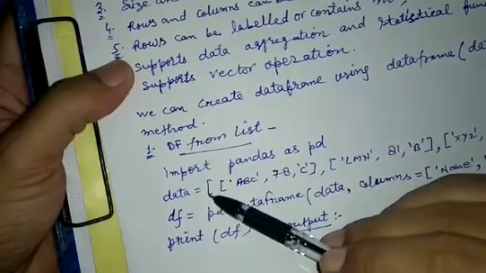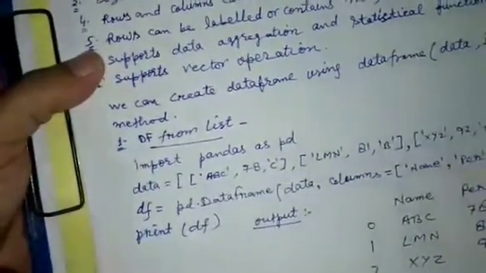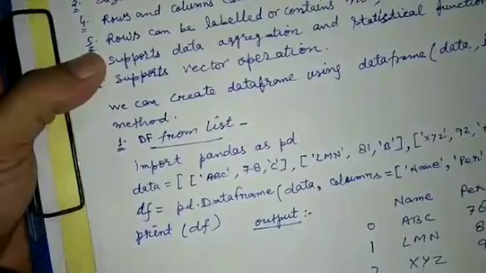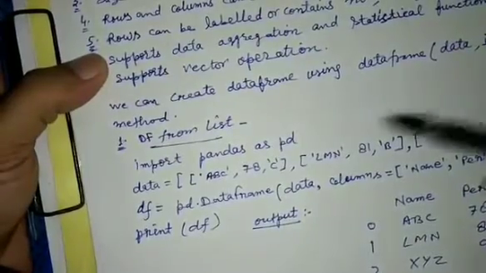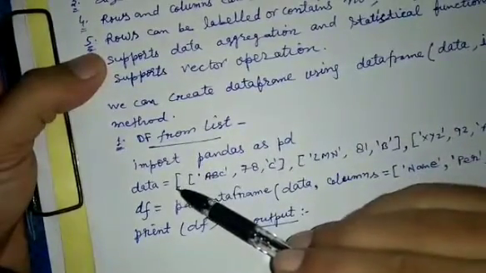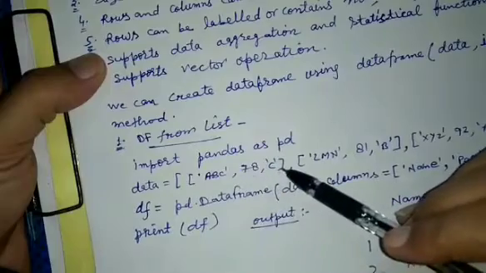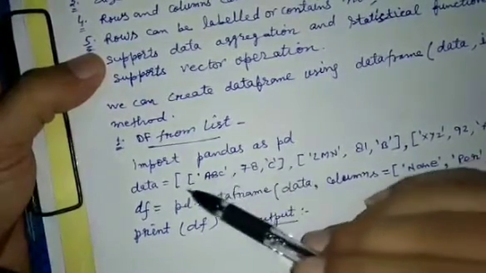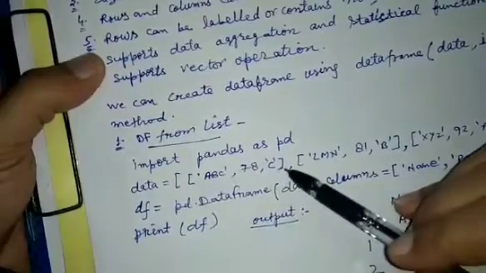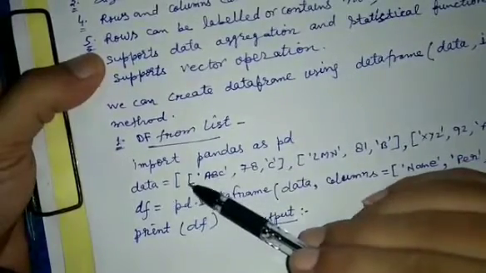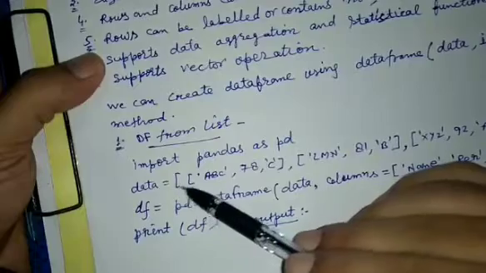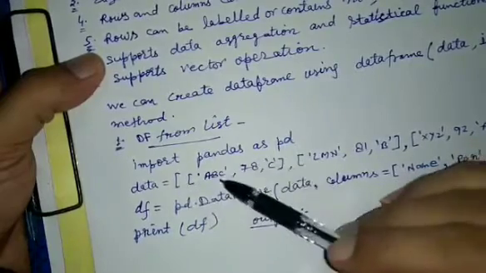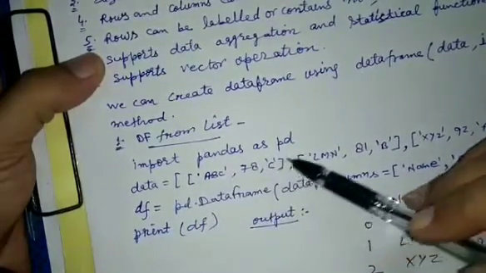Each element of this list will work as a row for the data frame. So the first element of this list is another list, so you can say it is a nested list. The first element of this list is a list having 3 elements.